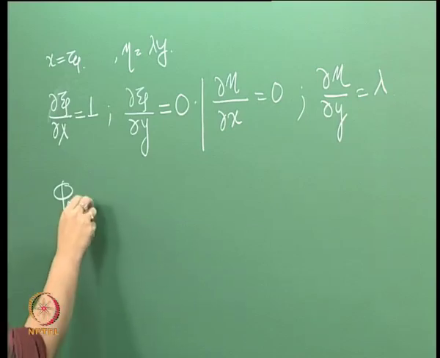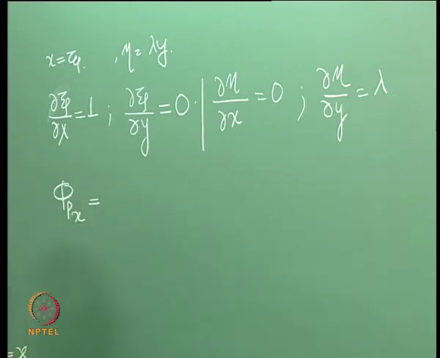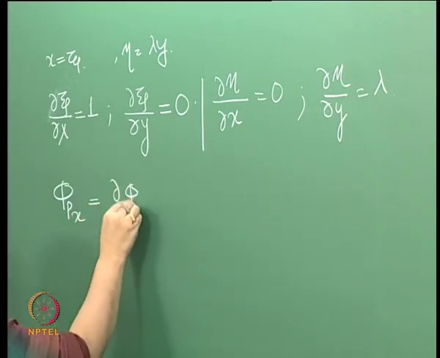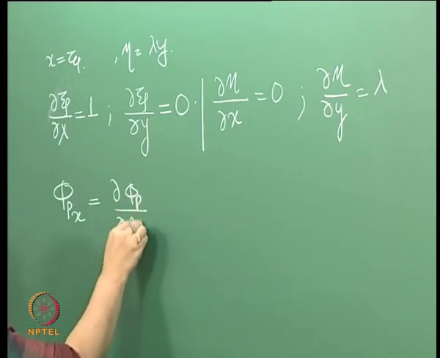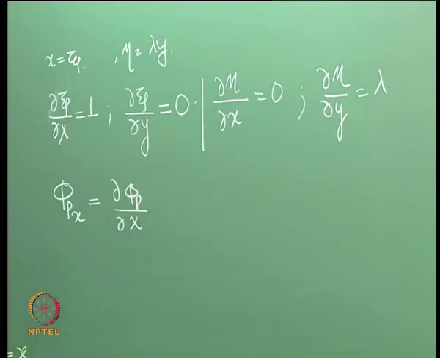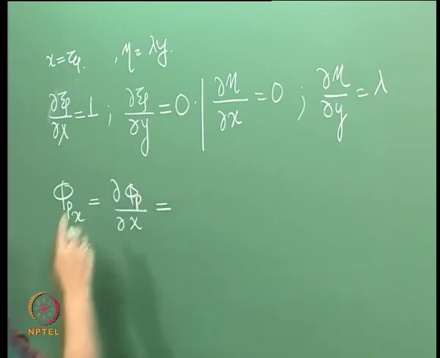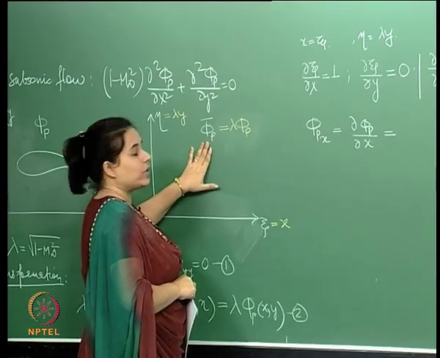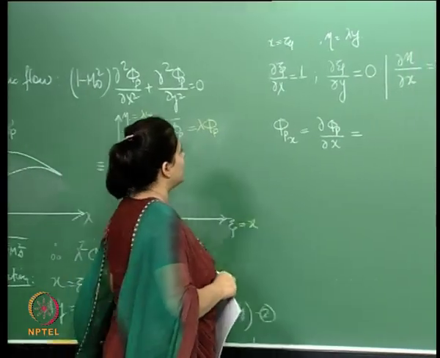now phi p x, okay, now phi p x. Or this is not, this is what? This is basically, right. So, then I can write this in terms of the perturbation potential in the transformed coordinates, right.